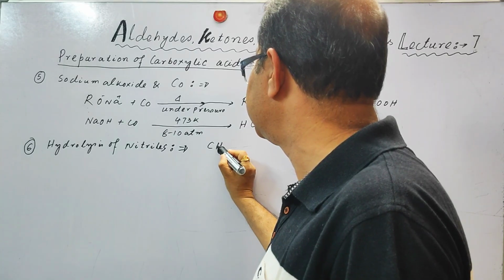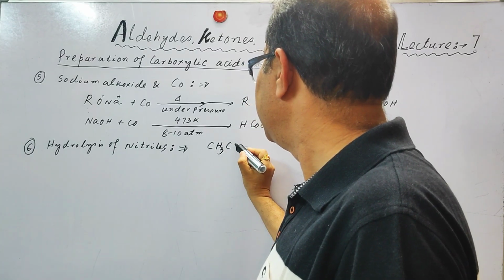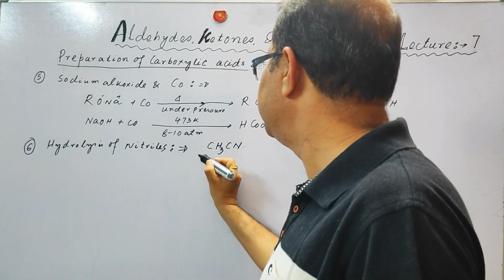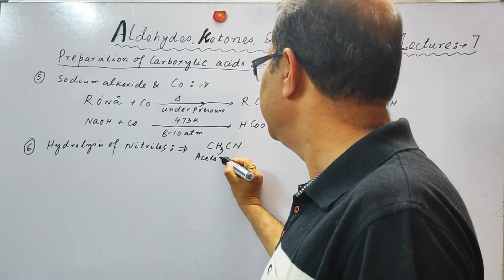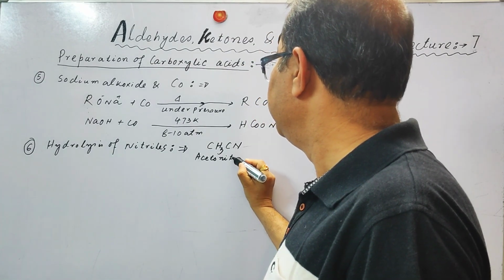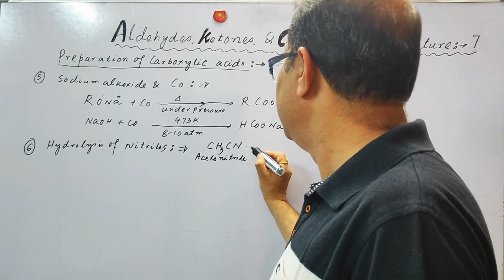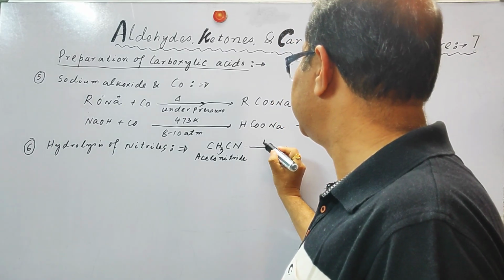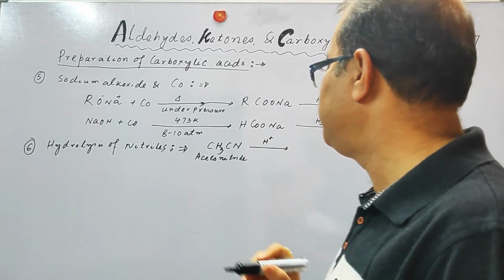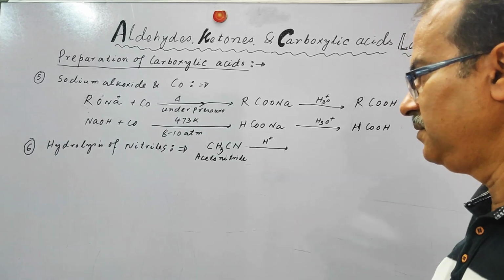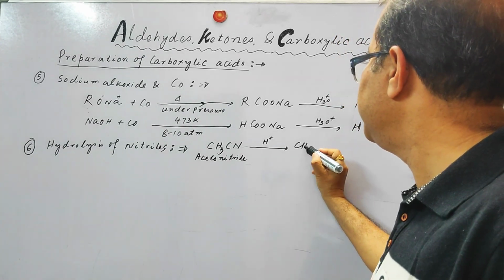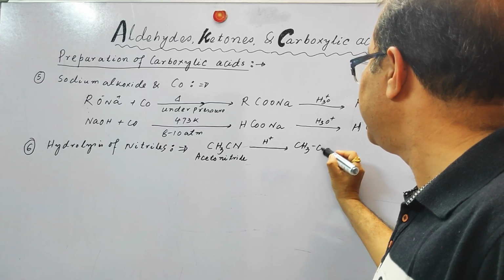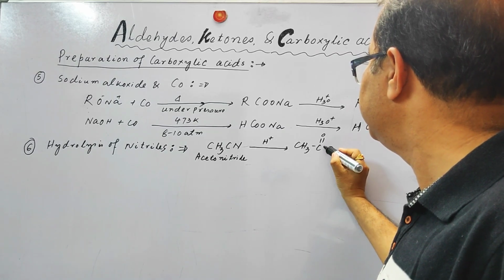We have taken acetonitrile, and when this acetonitrile is hydrolyzed in presence of H plus, in presence of acid, it is going to create an amide first.